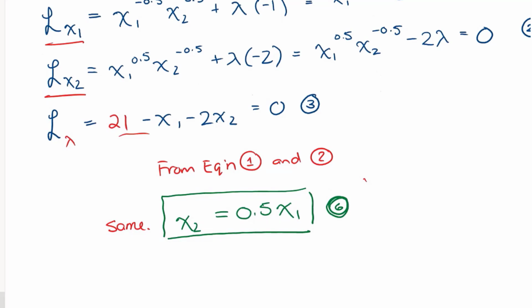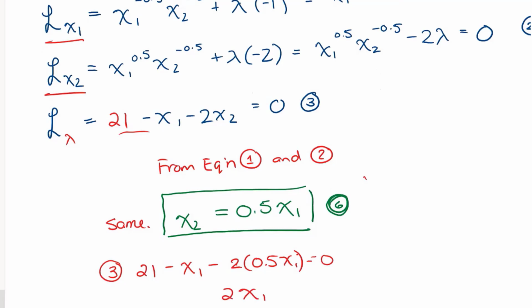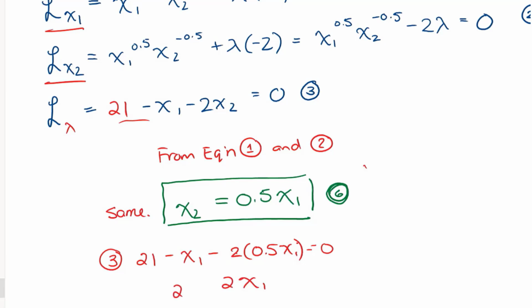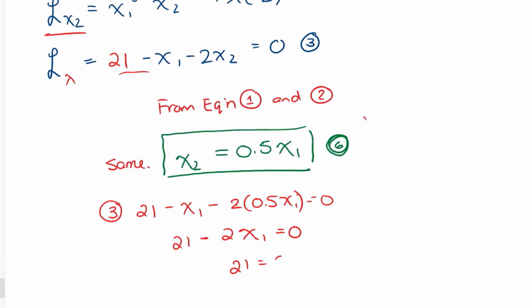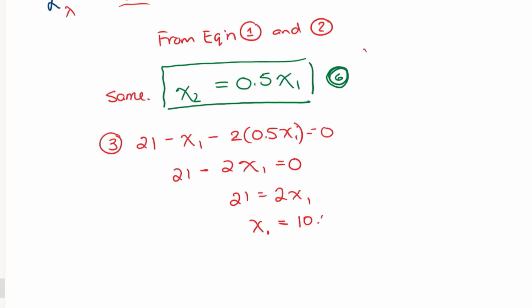So we would sub this into equation 3. We would get 21 minus x1 minus 2 times 0.5 x1 is equal to 0. We would have 2x1, sorry. 21 minus 2x1 is equal to 0. 21 would be equal to 2x1. x1 would be equal to 10.5.